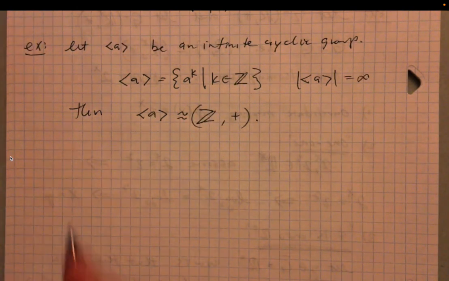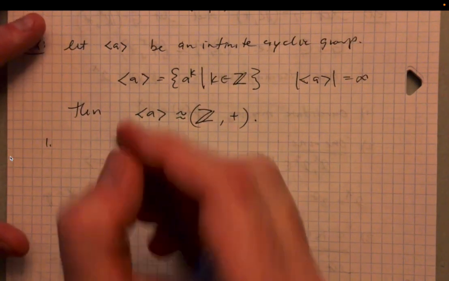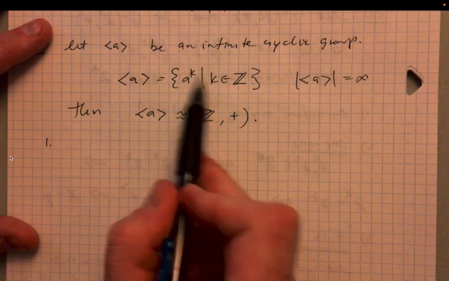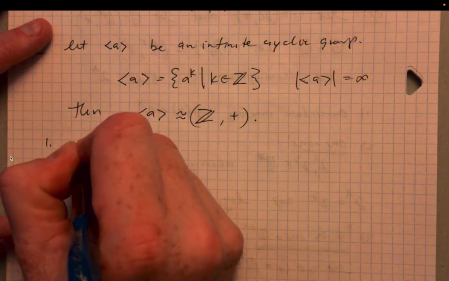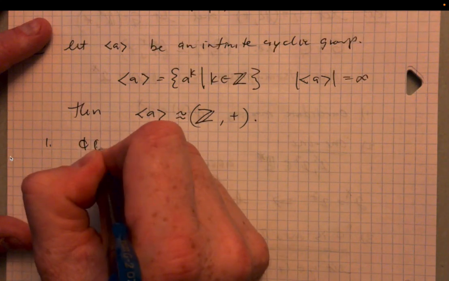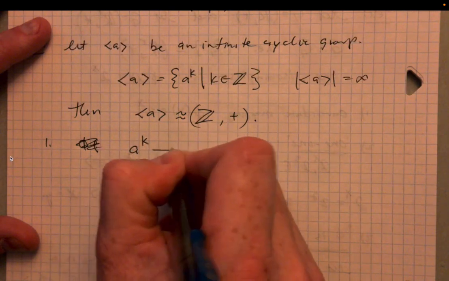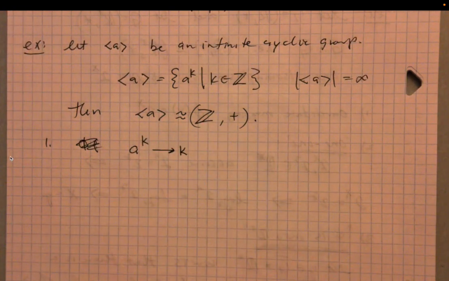So what is the mapping? Here we're not given the mapping, but we can think of one. The most straightforward one, since k is always an integer, would be to define phi by saying that a to the k power maps to k. So that's the candidate mapping.